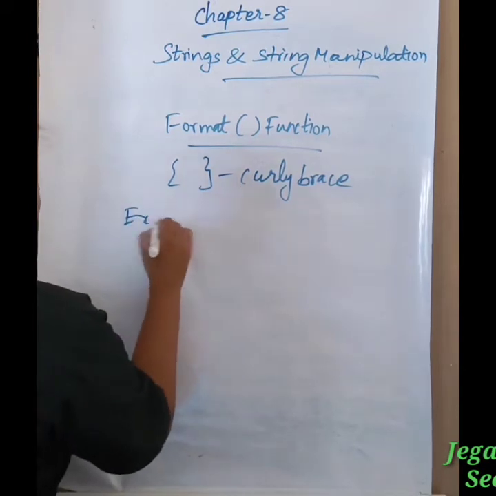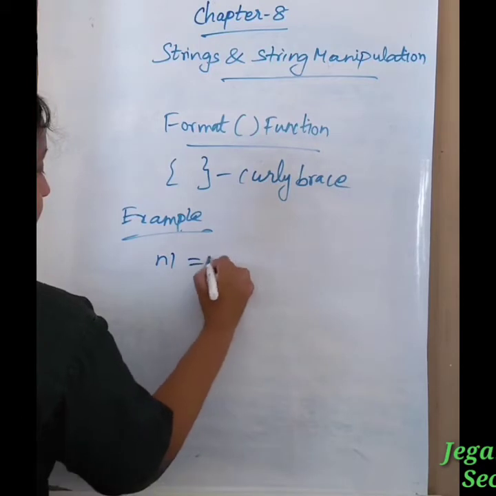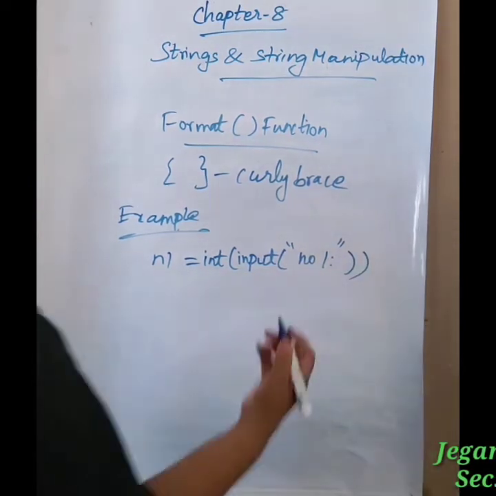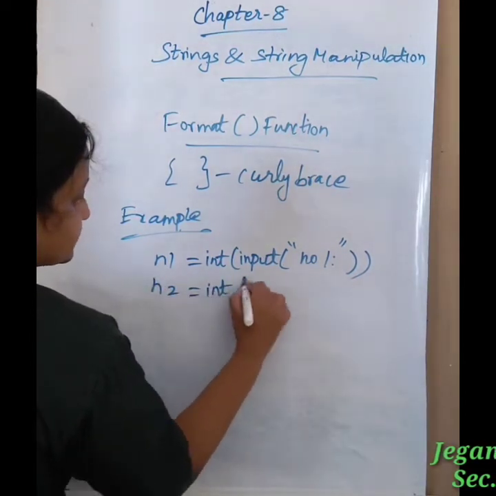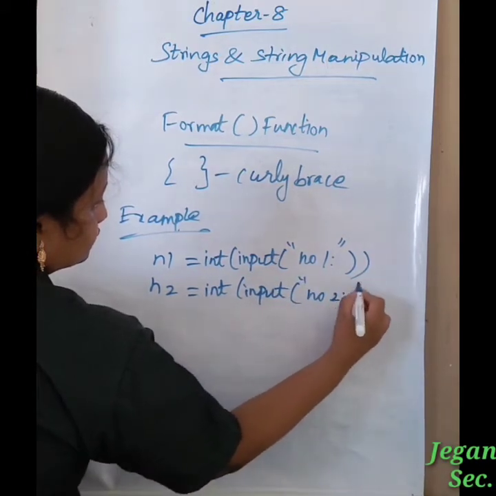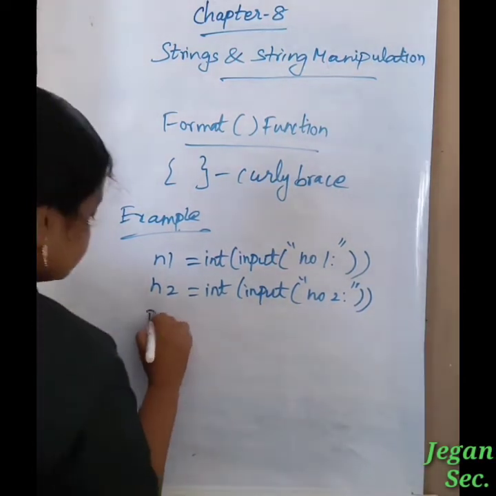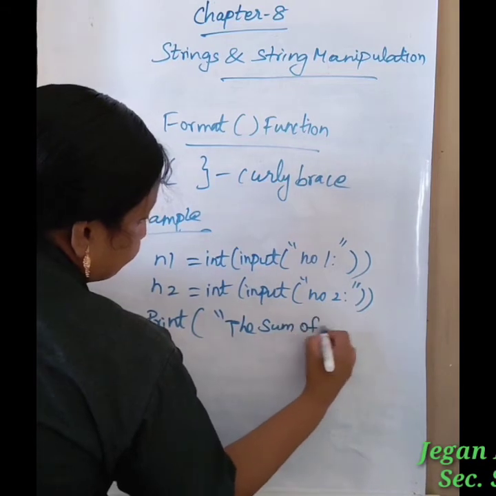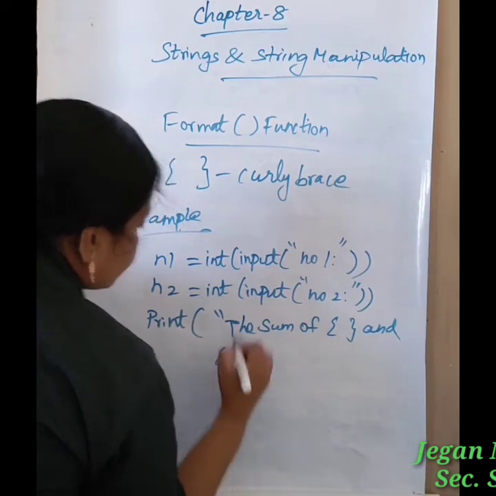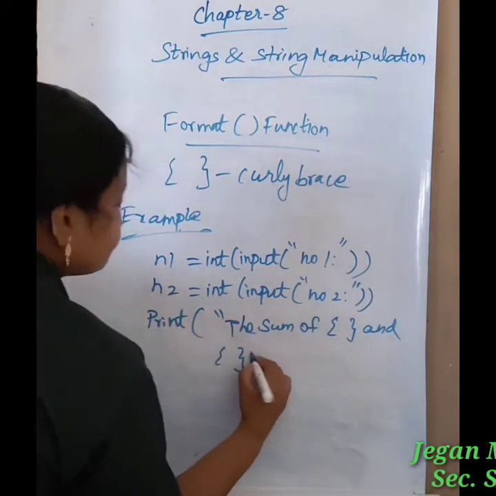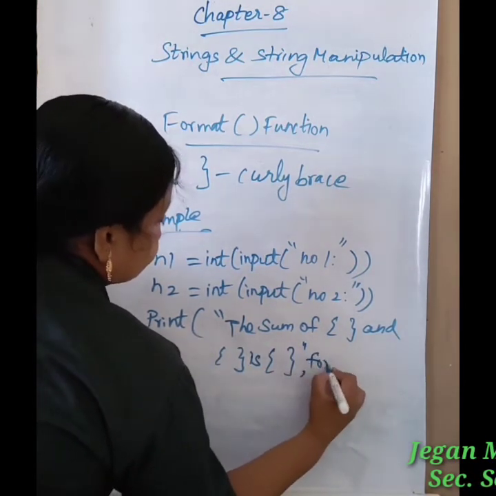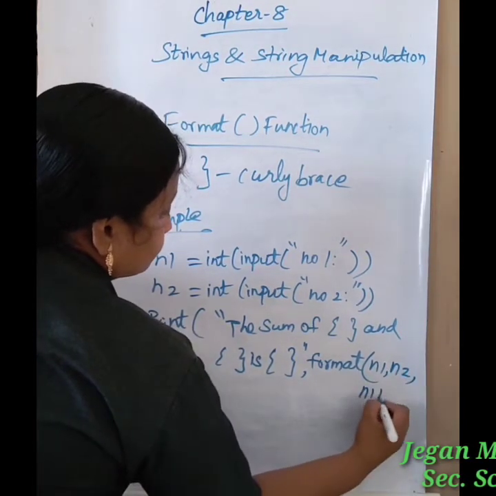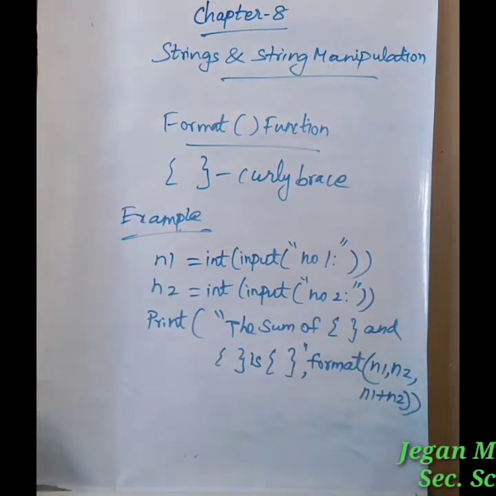Now let us see this example for the format function. n1 = int(input number 1), and n2 = int(input number 2), and the next, print the sum of the two values {} and {} is {}, with format n1, n2, then n1 plus n2.